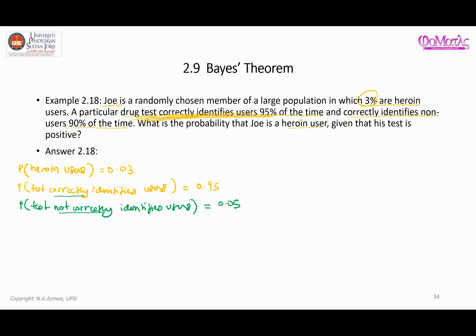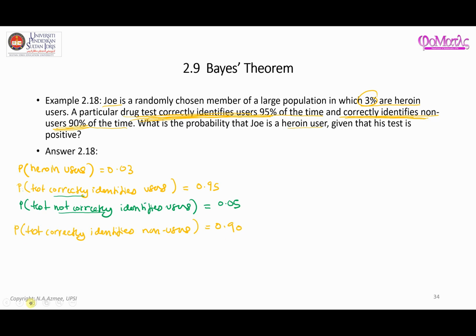Now, if we continue with the next statement, this is the probability that the test correctly identifies non-users. So probability test correctly identifies non-users is 90%, which is 0.9.